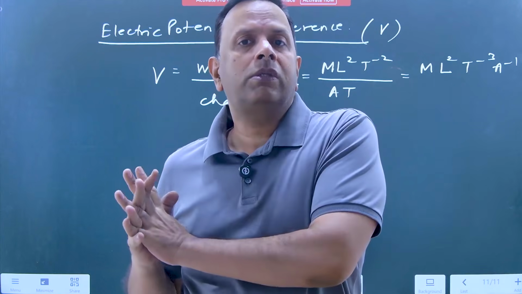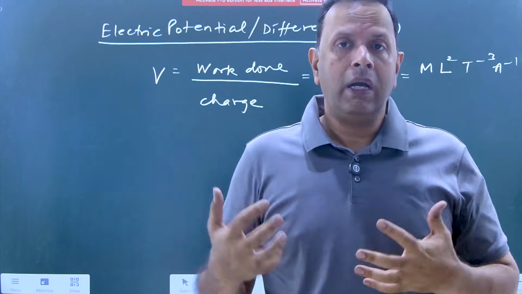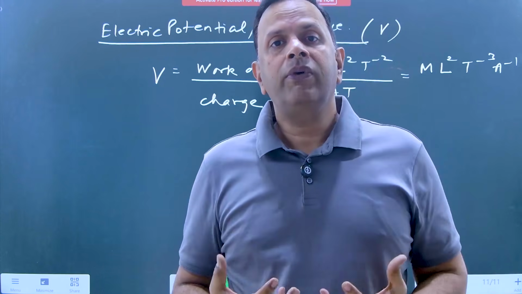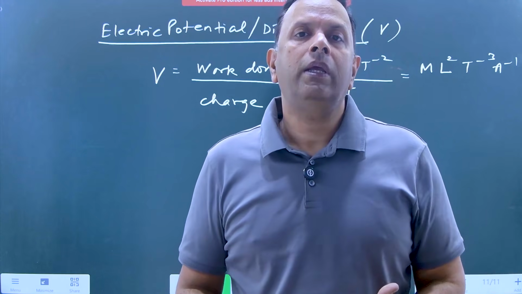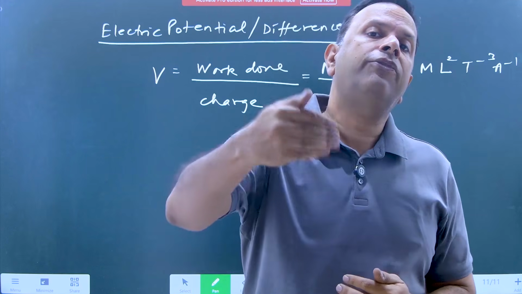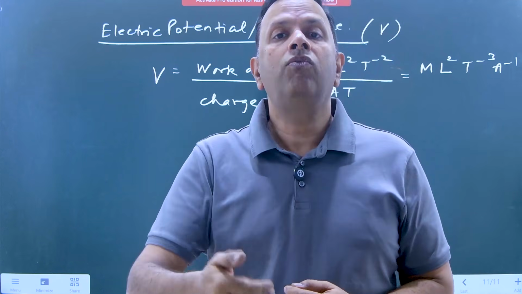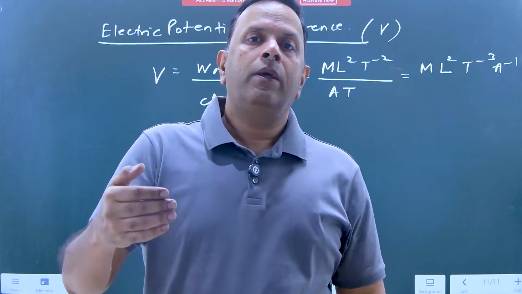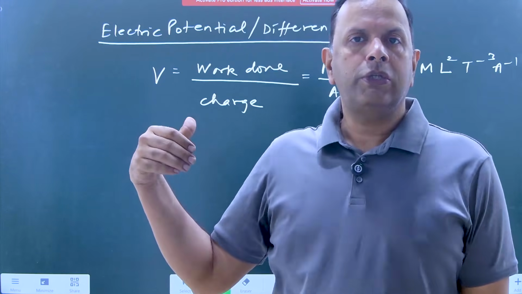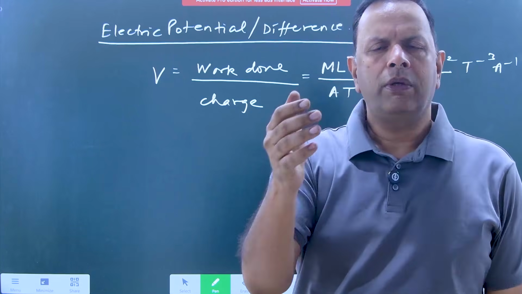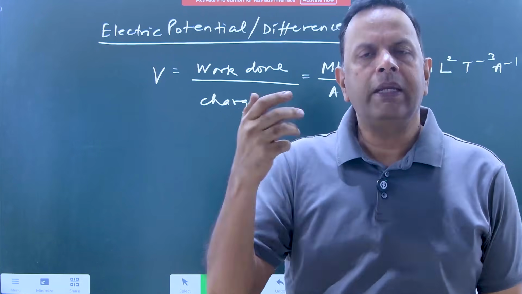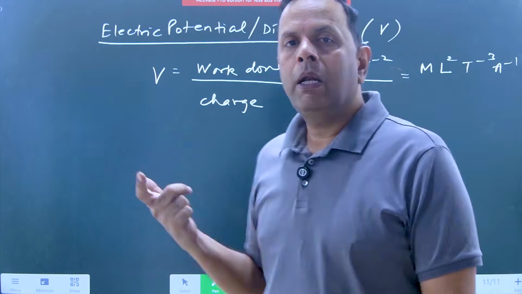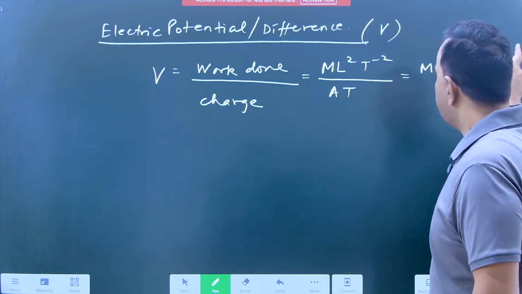The dimensions of a physical quantity are telling you that a given derived quantity is dependent on the fundamental quantities in what manner. If you remember, before this charge, whatever we wrote, force, energy, acceleration, momentum, in none of them this term of current was there.